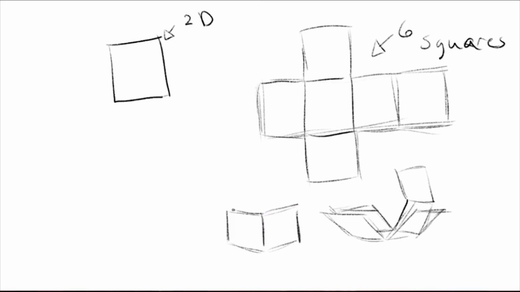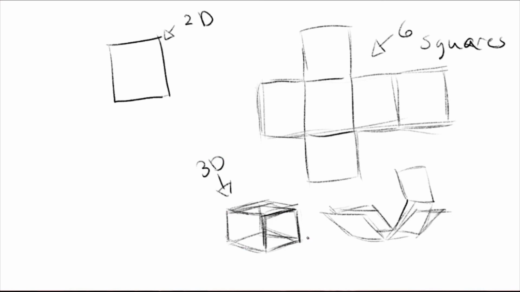And the great thing about a cube is that unlike a square, a cube has 6 planes. And a cube, unlike a square, exists in 3D. So things that are 3D have more than one plane, unlike things that are 2D.